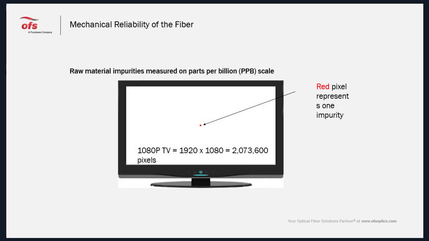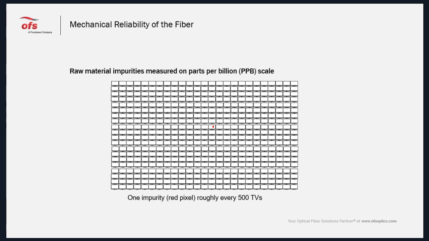It is a pixel on a 1080 pixel TV, which is 1920 by 1080, more than 2 million pixels. One impurity is one pixel, and our fiber, the OFS fiber, has roughly one impurity every 500 TVs. Each TV is 2 million pixels, which means our fiber is very pure.